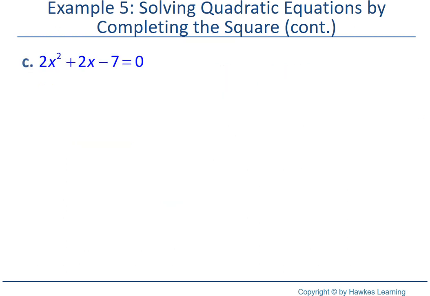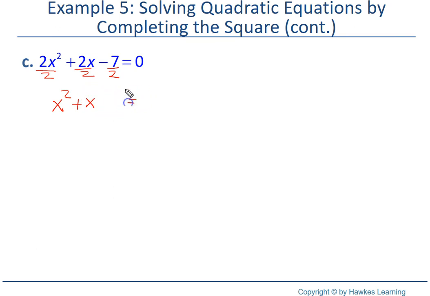Now, going on to example C here. It's in standard form. We want our A term to be a 1. So what we do is we divide each term by 2, and we get x squared now plus x.